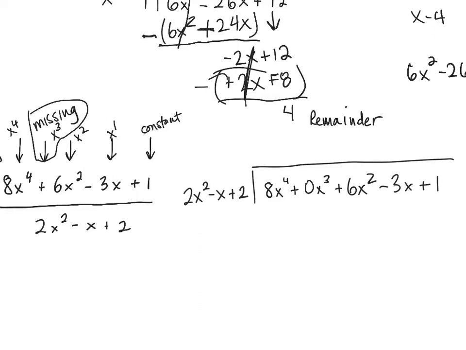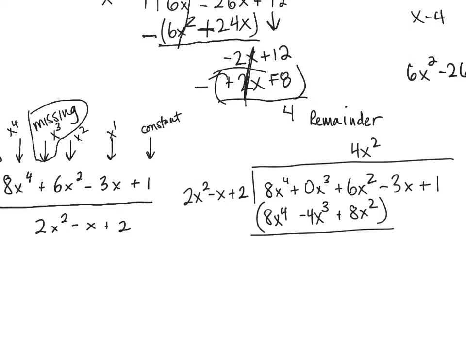Okay, how many times does 2x squared go into 8x to the fourth? Because remember, we look at first term into first term, and the answer is 4x squared. 4x squared times 2x squared is 8x to the fourth. 4x squared times negative x is negative 4x cubed, and then 4x squared times 2 is 8x squared.